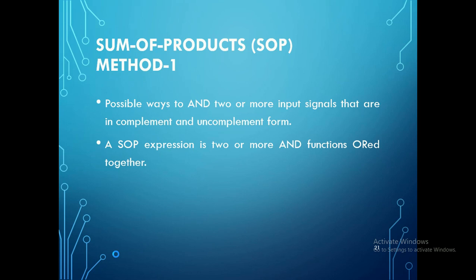Product is nothing but you have an AND gate. When you have a sum of AND expressions, you combine those AND gates and give their outputs to the next OR gate. So an SOP expression is two or more AND functions all together.